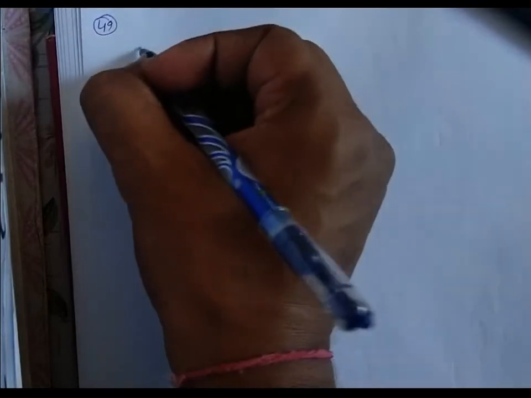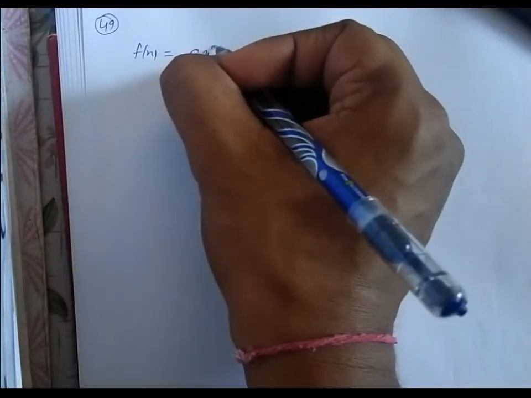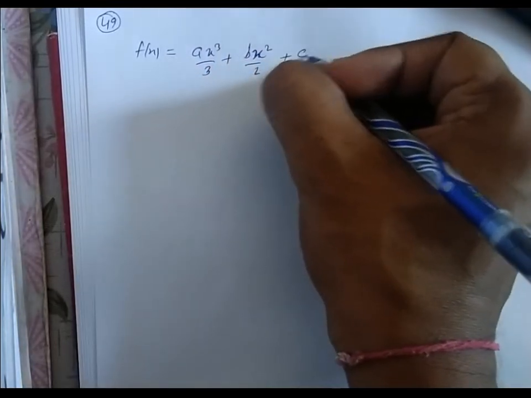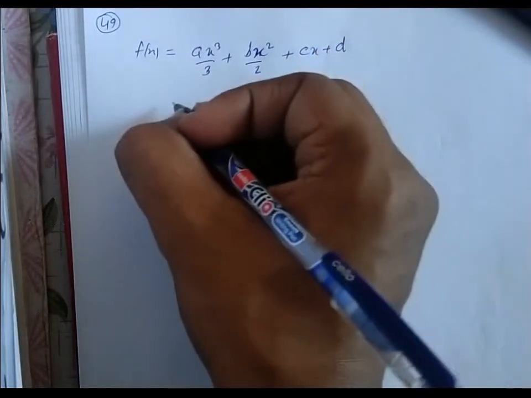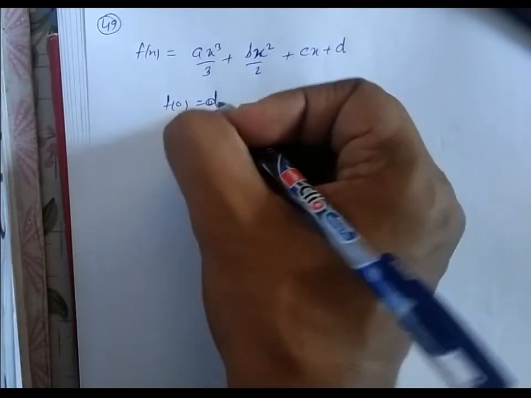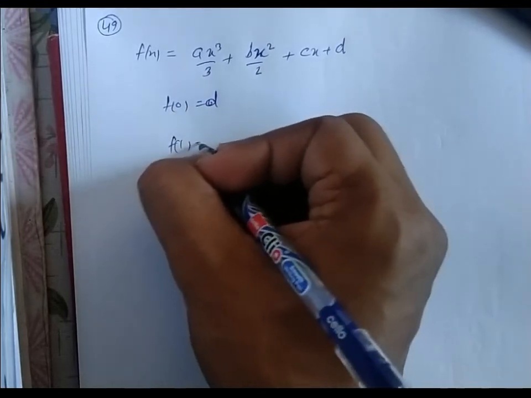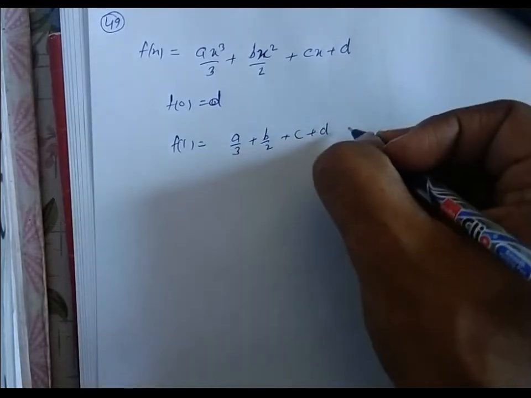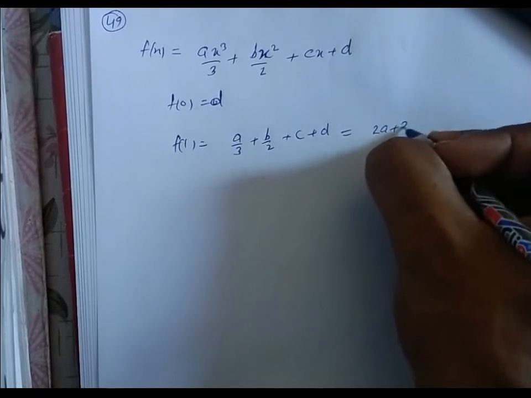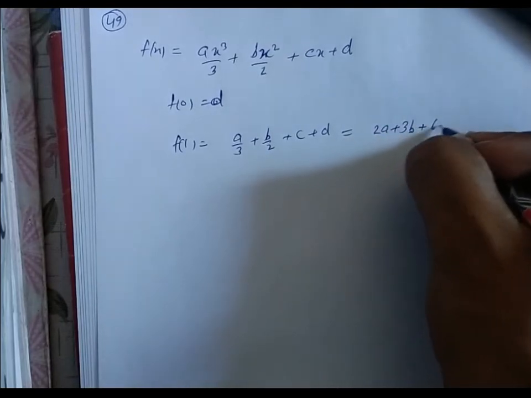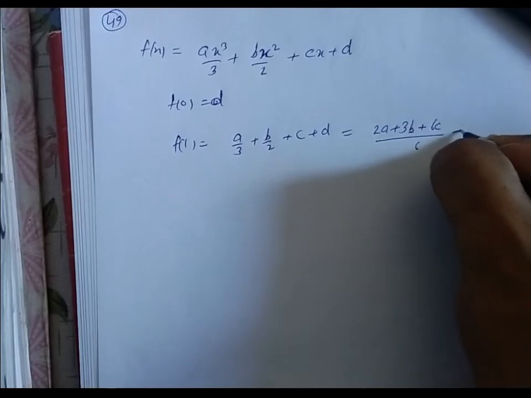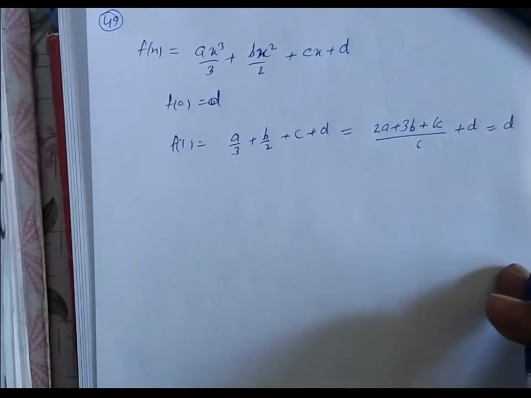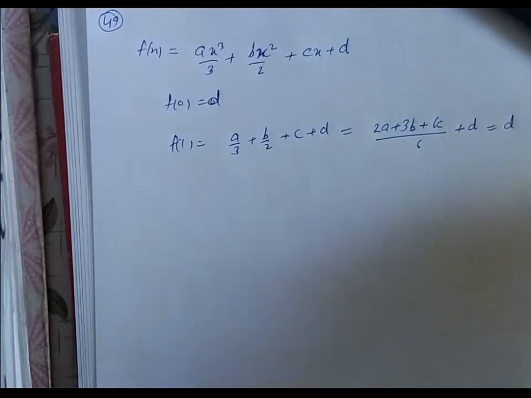Okay, so consider a function fx is equal to ax cubed by 3, so f0 here is equal to d, f1 is equal to a by 3 plus b by 2 plus c plus d, which is equal to 2a plus 3b plus 6c by 6 plus d. Okay, so clearly f0 equal to f1 since 2a plus 3b plus 6c is equal to 0.